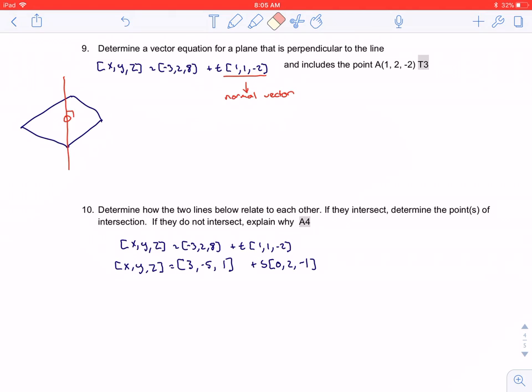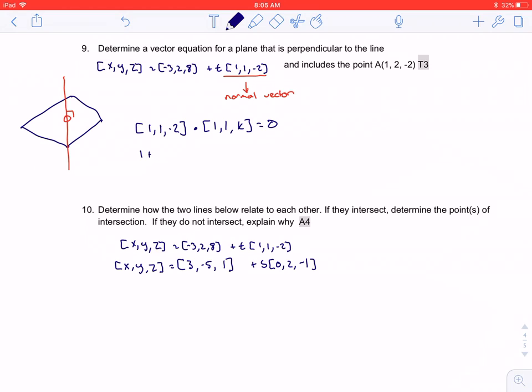So what we want is two different vectors that are perpendicular to the normal vector. So really what we're looking for is 1, 1, negative 2, dotting that with a possible direction vector, let's say 1, 1, k, and making that equal 0.